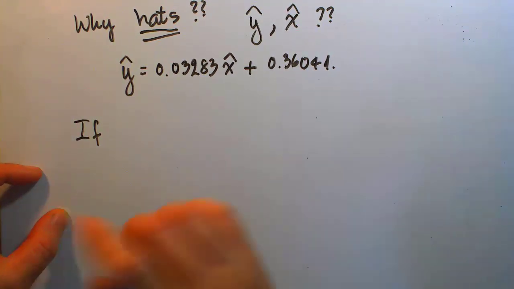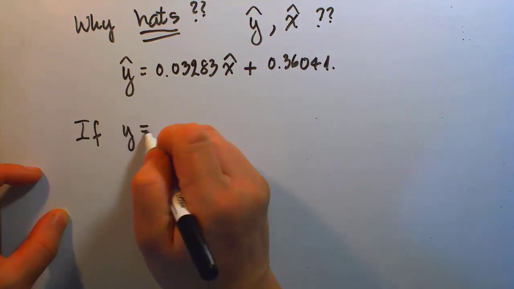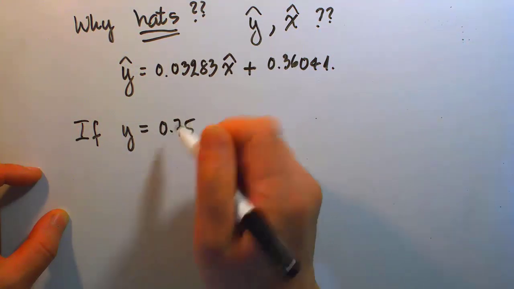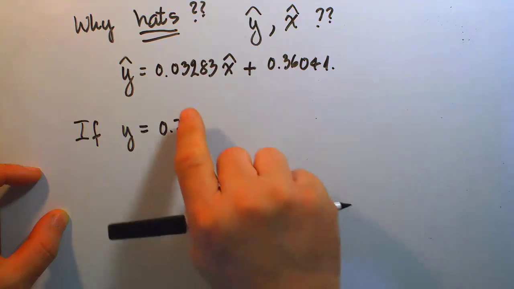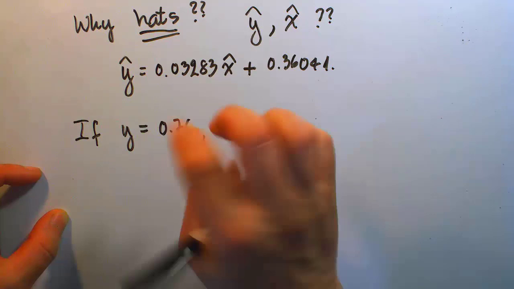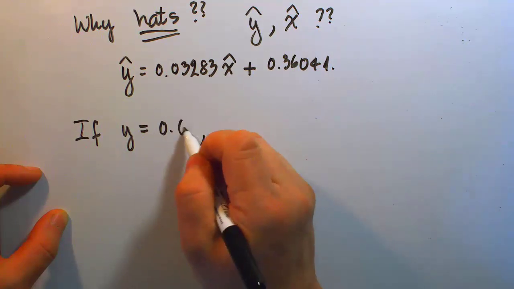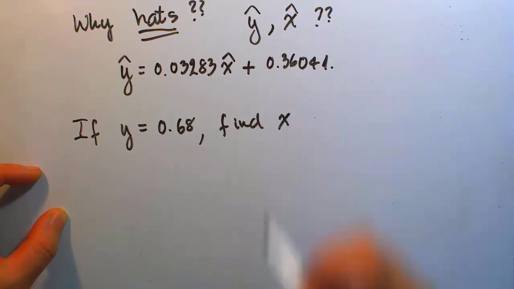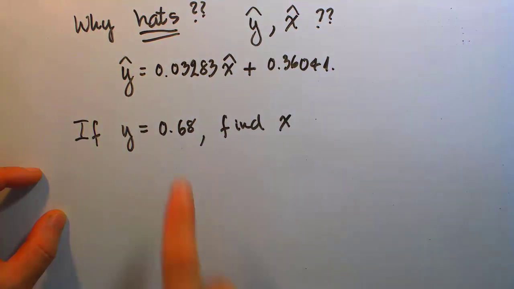If now y equals 0.75, or maybe I changed my mind, let's use 0.68. Let's find the x value. What's the x value when y equals 0.68?